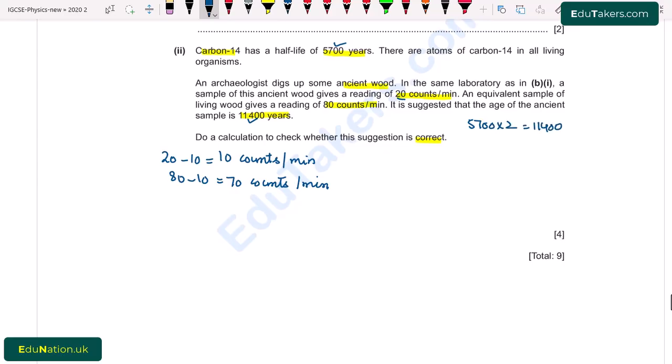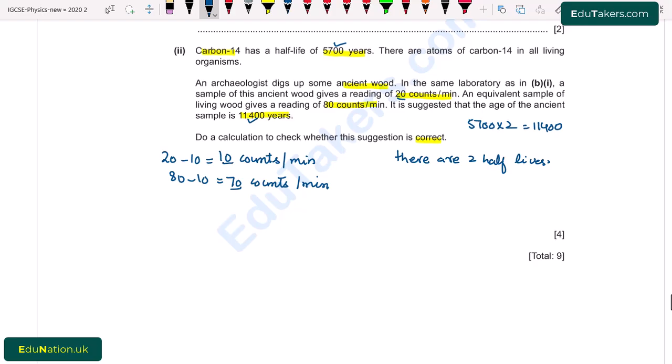So there are two half-lives. Next, since the counts are 10 and 70, we also have to check the half-life using these numbers.